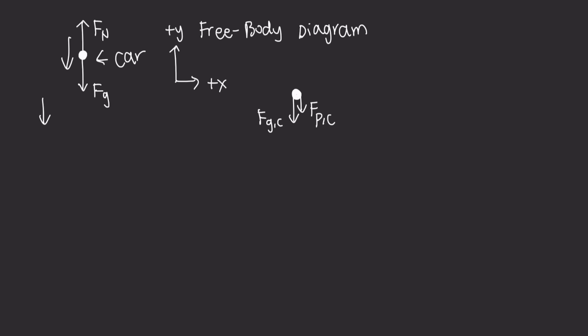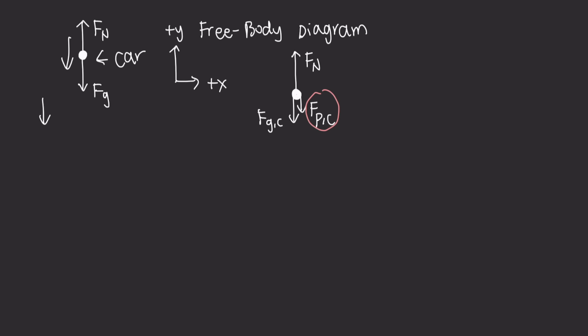And in that case, the normal force from the ground on the car would be greater than the force of gravity on the car itself, because we have this extra component from the person that we have to balance out with the normal force. So this is the new normal force. And also here comes another point of free body diagrams.